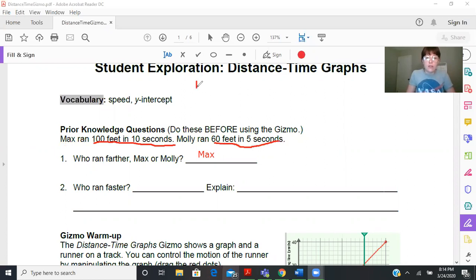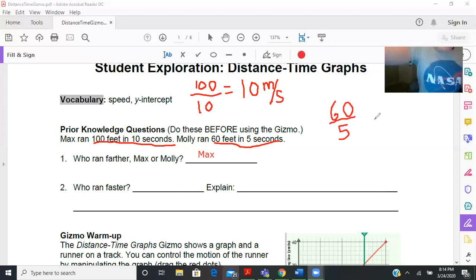Max ran 100 feet in 10 seconds. 100 divided by 10 is 10. So Max ran at a speed of 10 meters per second. Molly ran 60 feet in 5 seconds.